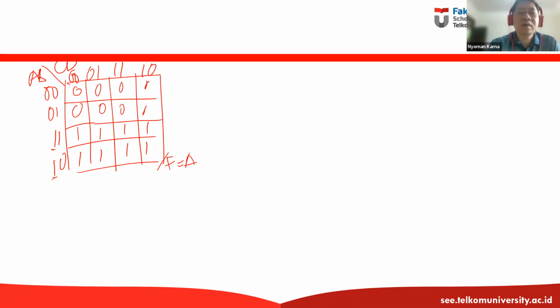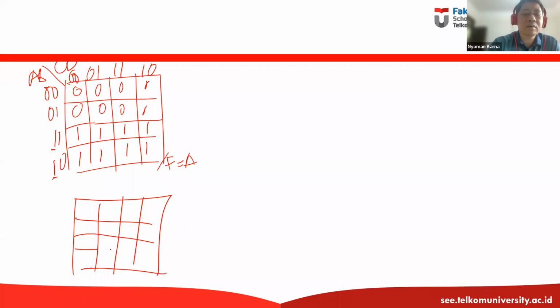Okay. F is A not. Then this is the one that is active. Okay, how about B now or C?